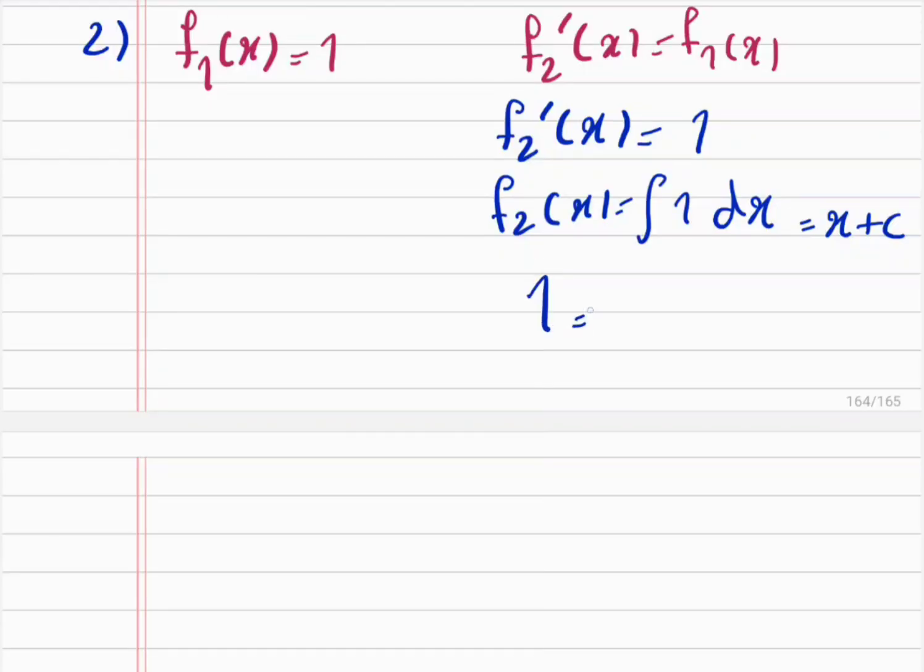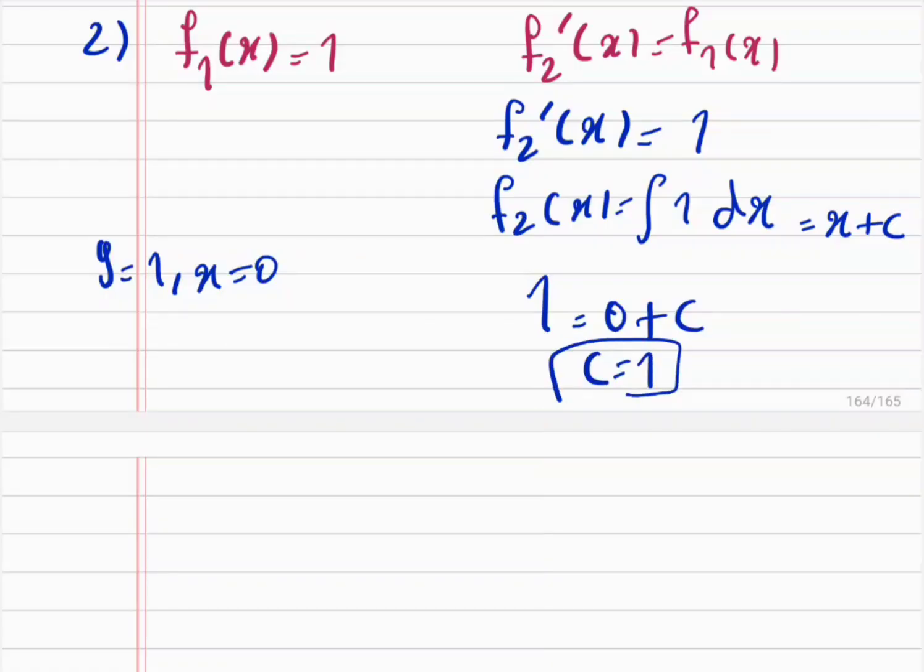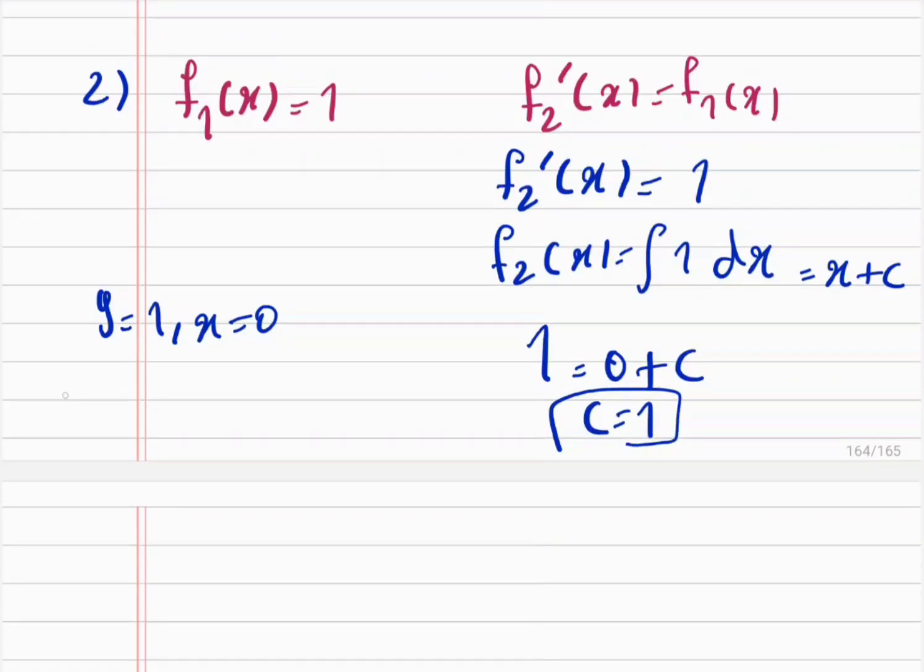So we have 1 is equal to 0 plus c. The reason I did this is that I substituted y equal to 1 and x equal to 0 from the question. So c is equal to 1, and that means the function f2(x) is equal to x plus 1.